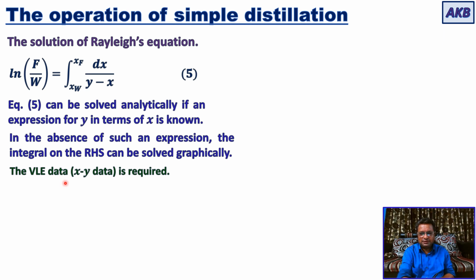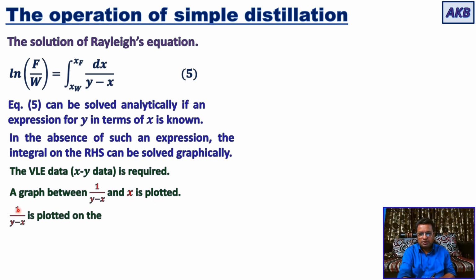The VLE data, that is XY data, vapor liquid equilibrium data, we need that data in order to get this integral graphically. So what is done? A graph between 1 upon y minus x and x is plotted. To be more correct, 1 upon y minus x is plotted on the y-axis and x is plotted on the x-axis.